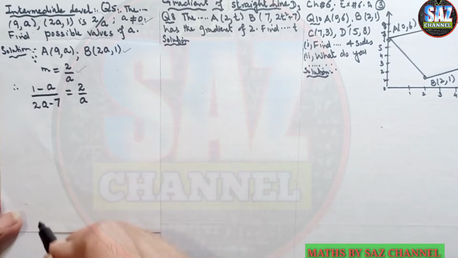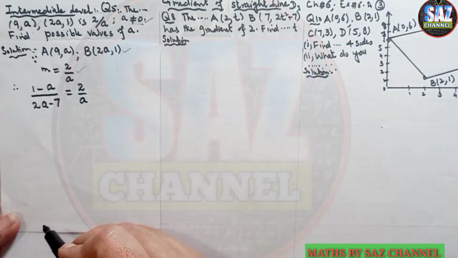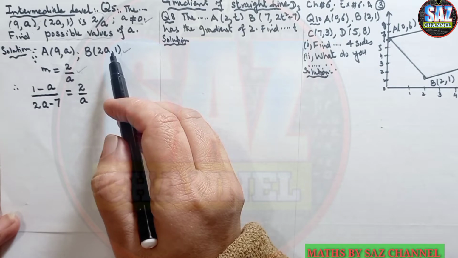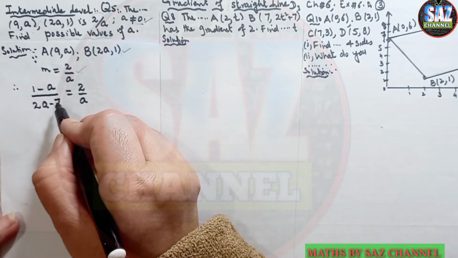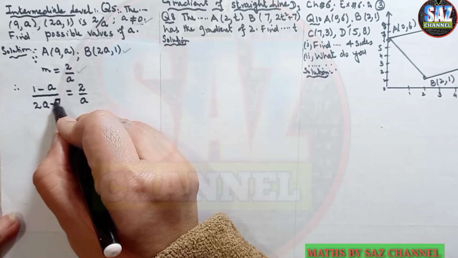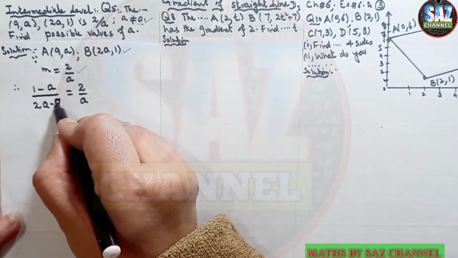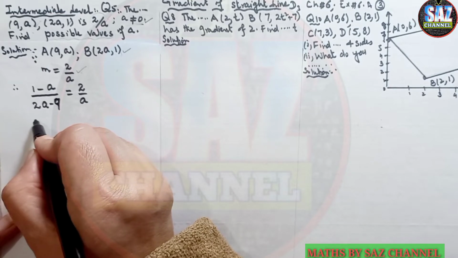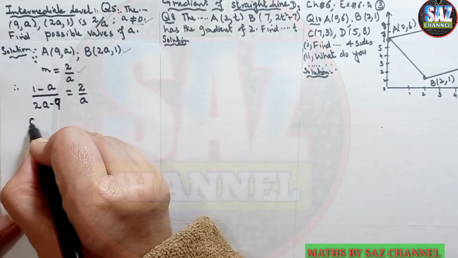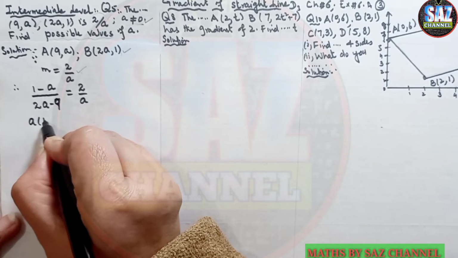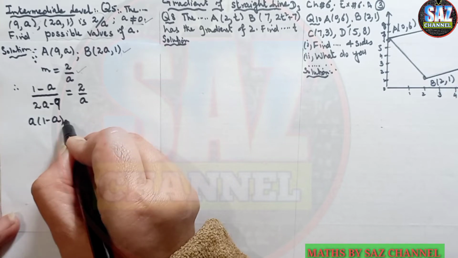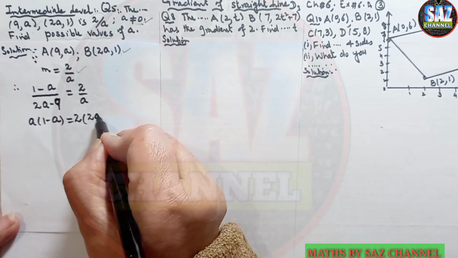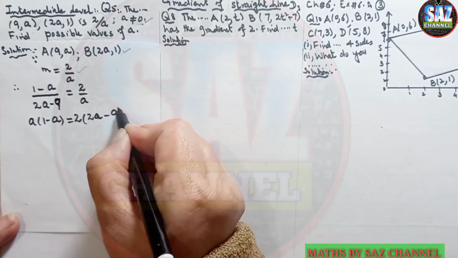Okay, now I have to write carefully: 1 minus a and 2a minus 9. Now we have to go for cross multiplication. This is a into (1 minus a) equals 2 into (2a minus 9).